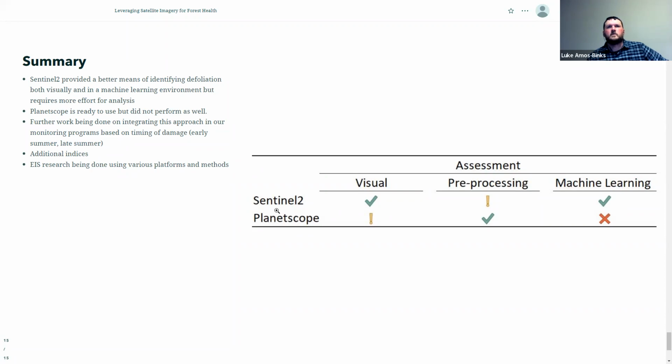We're also going to look at some additional indices that might be of use to us. There's other research being done using various platforms and methods through the early intervention strategy, and these seminars have been helpful. There are some other options out there, so as those come along, we're going to take a look at those as well.